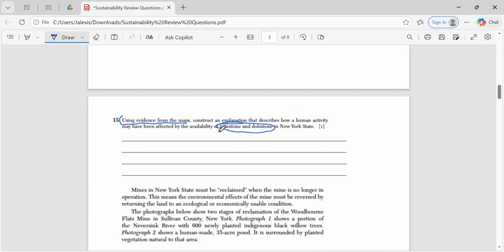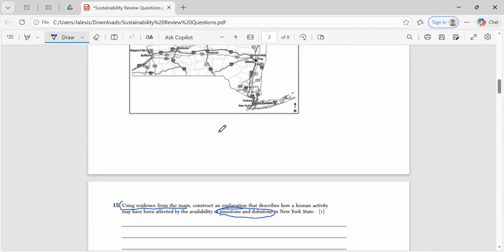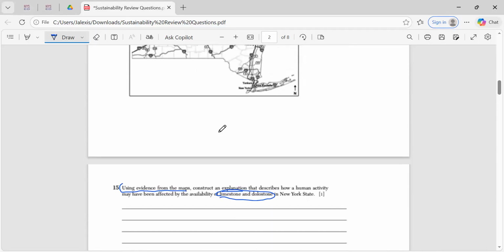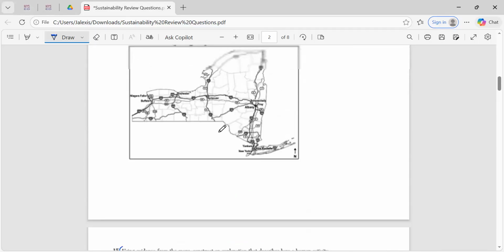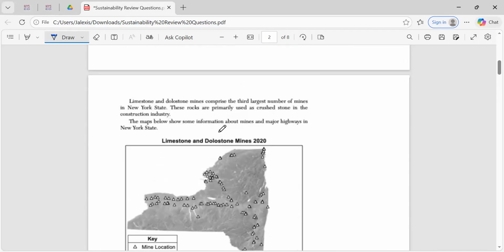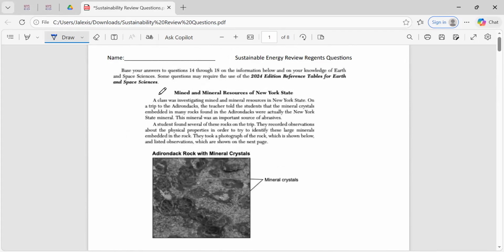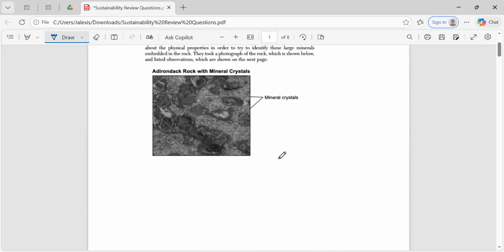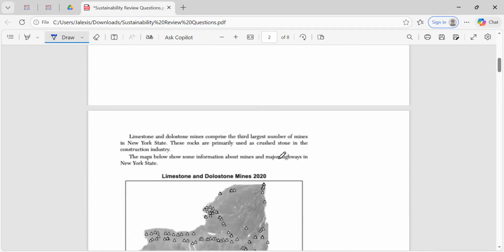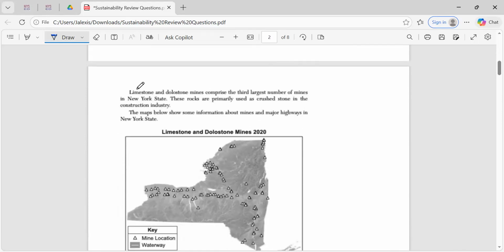So going back to my reading, for the sake of time, I'm going to scan it to see if they mention what limestone and dolostone are used for. I don't necessarily see it here. Let me see if the prior map tells me. Okay, so I see limestone and dolostone.